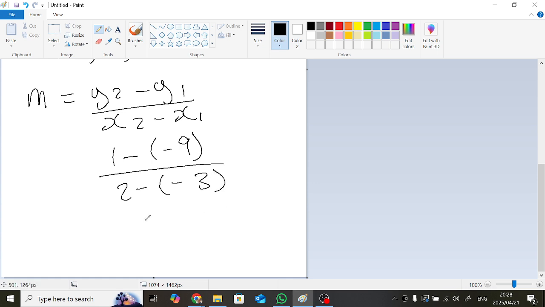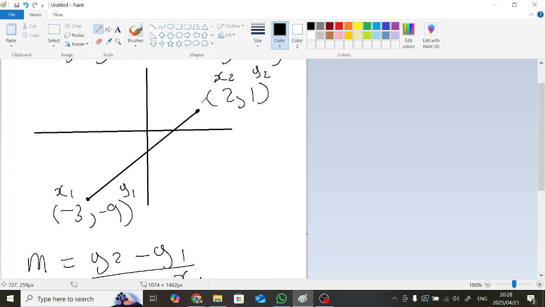Okay, so m is equal to 2, right? Let me just draw this line over here and I'll show you what is actually going on. We are looking for this angle.